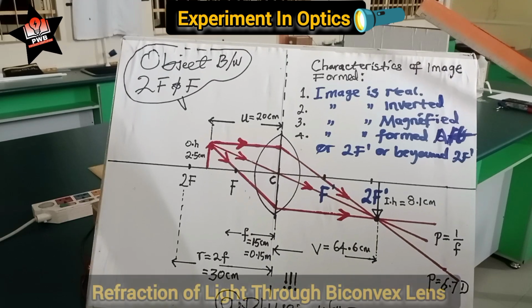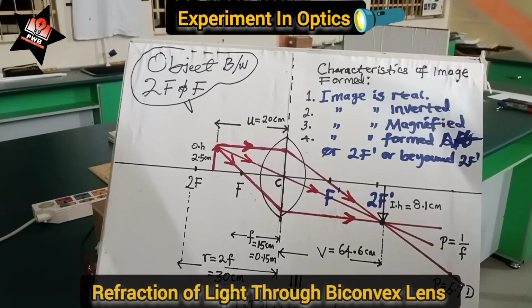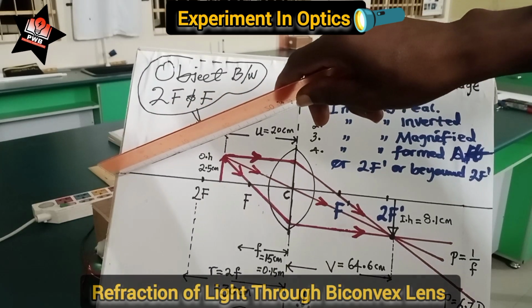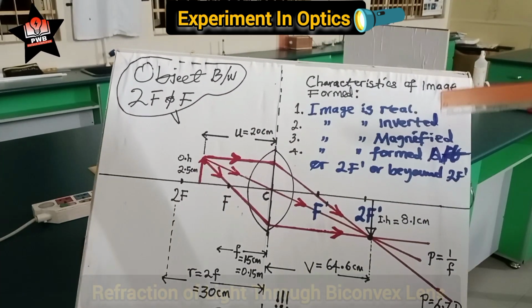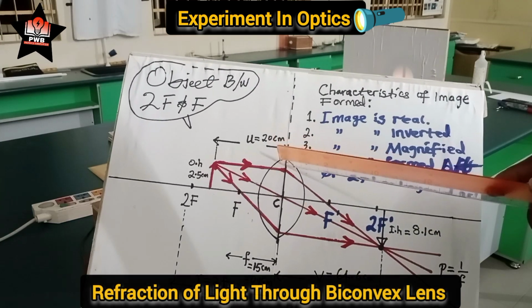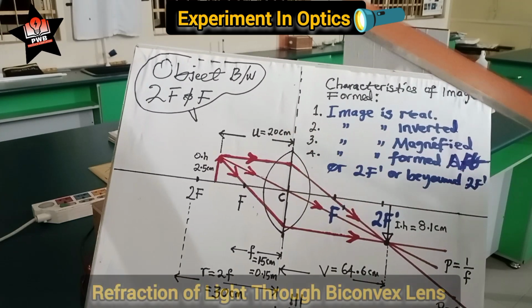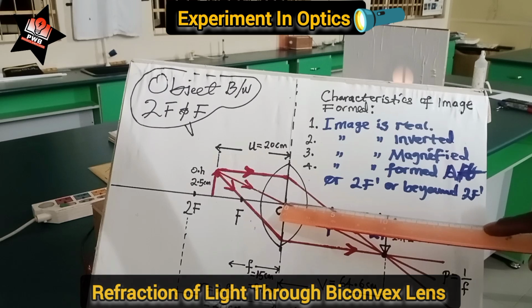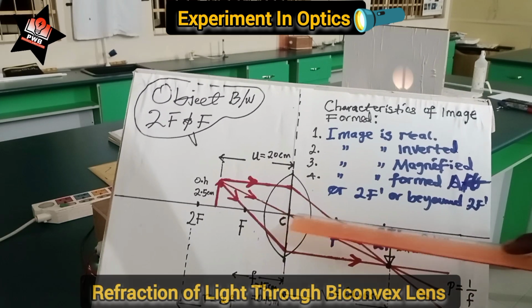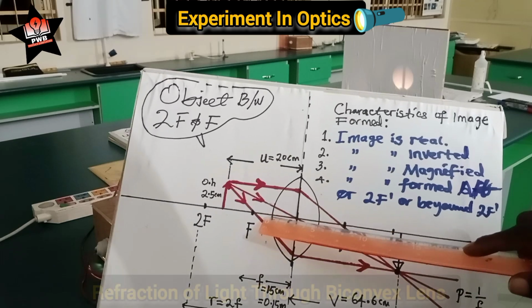By the way, before I conclude, let me just do a quick recap. While drawing a ray diagram, the first thing you need to do is to draw your principal axis, which is this line. The next thing, you have to draw a perpendicular and then use a protractor to draw your lens. While drawing that, make sure that the distance from here to here is the same as from here to here, and the distance from here to here is the same as from here to here.